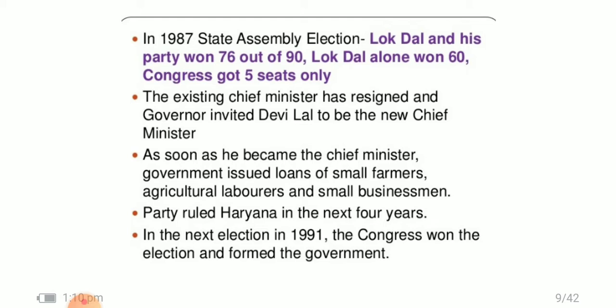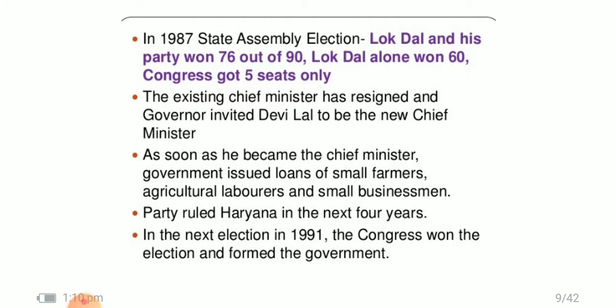Three days after the election results were declared, he became the chief minister, and his government issued a government order waiving the outstanding loans of small farmers, agricultural laborers and small businessmen, according to the promises made by him during his election campaign.